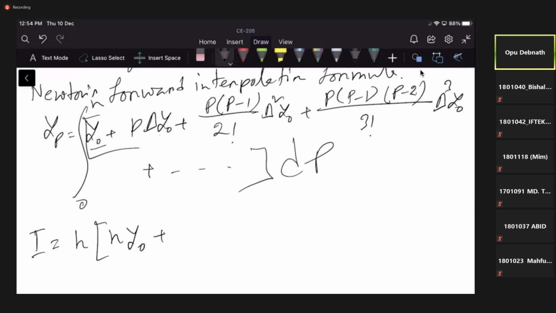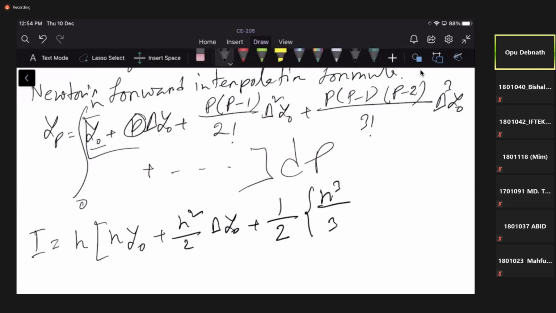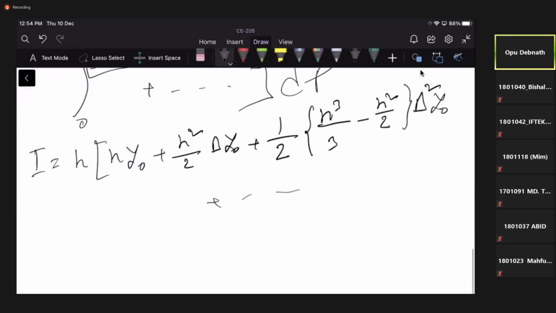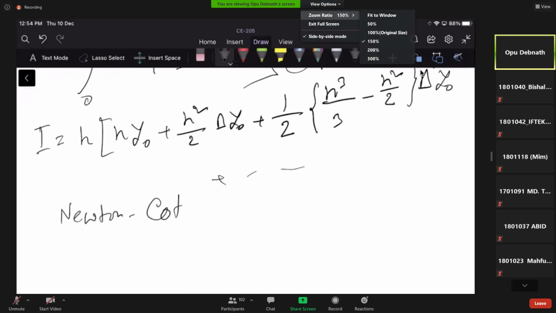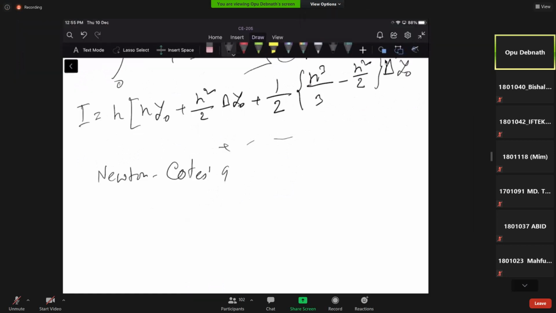After changing the limit, you will get n square by 2 del y0 plus half of n cube by 3 minus n square by 2 del square y0 plus so on. This is with respect to n, and this equation is known as the Newton Cotes quadrature formula.